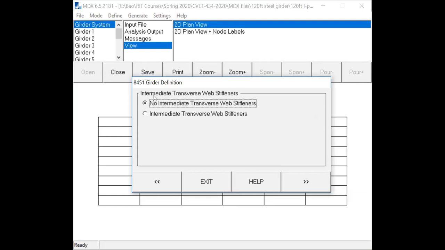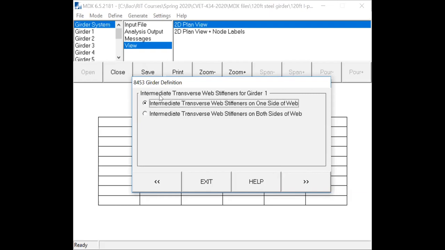And intermediate transverse web stiffeners. We do have the intermediate transverse web stiffeners, and that's used as a gusset plate to connect the cross frame to the girder. So we use the intermediate transverse web stiffeners as a gusset plate to connect the intermediate cross frame to the girder line.